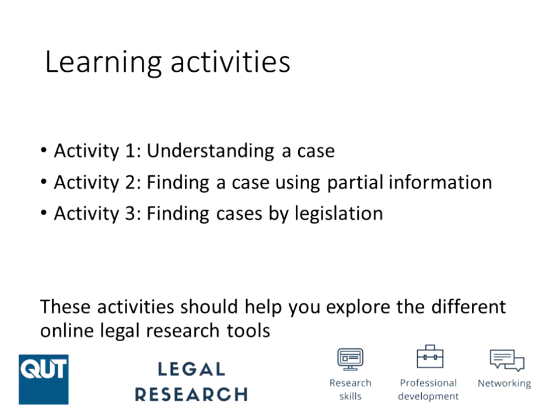So then we want to hand it over to you to get some practice. On the Blackboard site we've got some activities to help you understand, so going back to the structure of the different types of information that's contained in a case, there's an activity based around that. We've got an activity around finding a case using partial information.